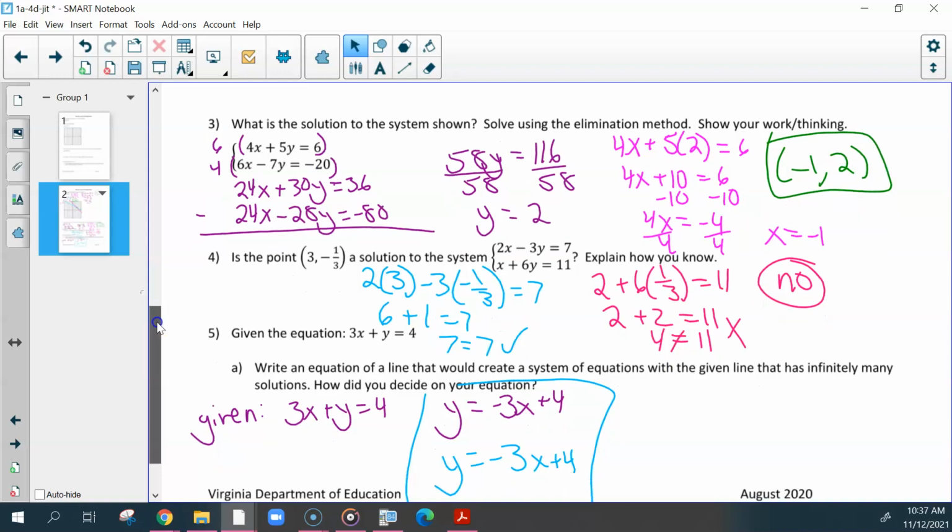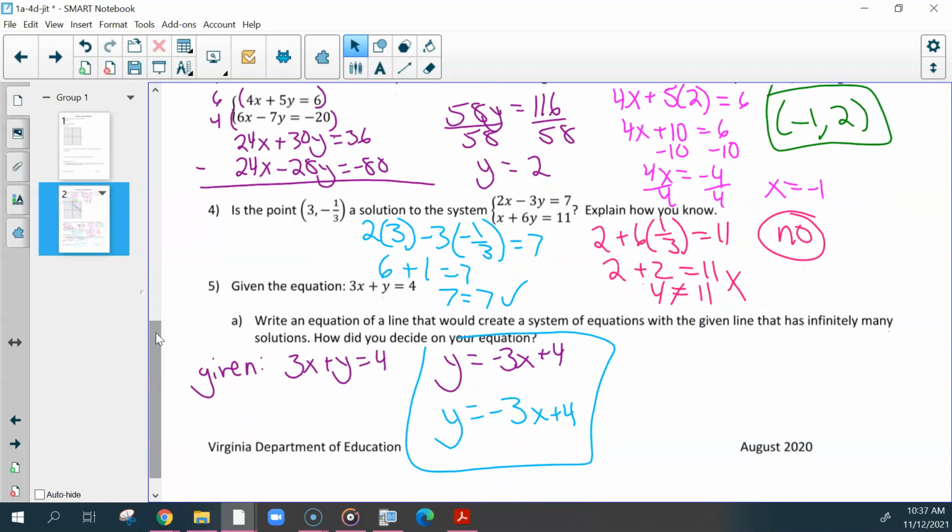Number 4 asks, is this point a solution to the system? So that was like one of the very first things we did when we started this unit, determining if something is a solution or not. Put that ordered pair into both equations for your system and see does it work. If they both work, then it is.